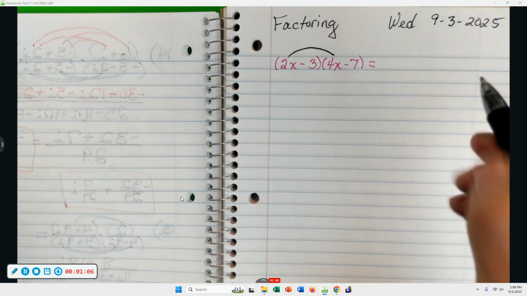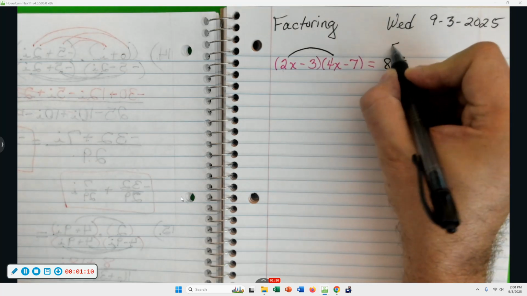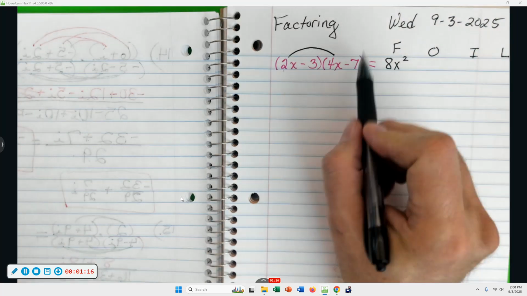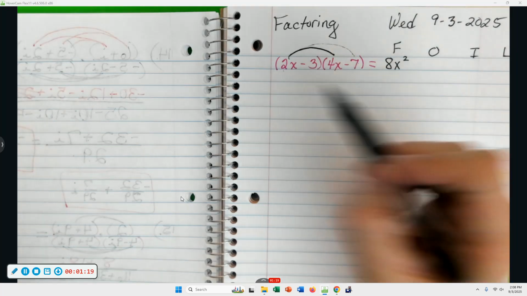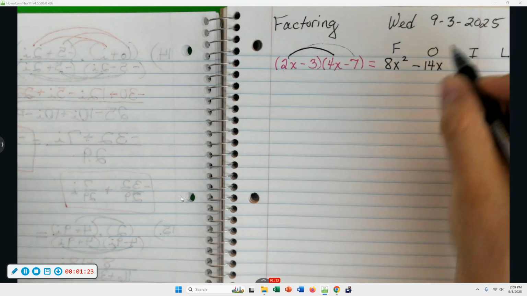So foiling out: 2x times 4x, that's 8x squared. First, outer, inner, last. The outer is negative 14x.